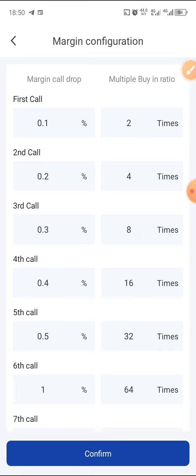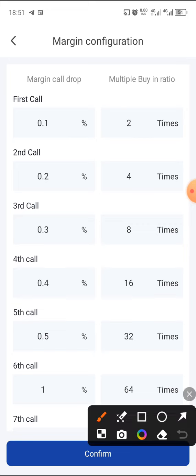I'm going to be showing you how this is helpful in bringing the average price closer to the current price, because that's our goal today. We want to move out of the market very fast in order to avoid floating losses, or to minimize floating losses. So on the first margin call, we shall leave it as 2.